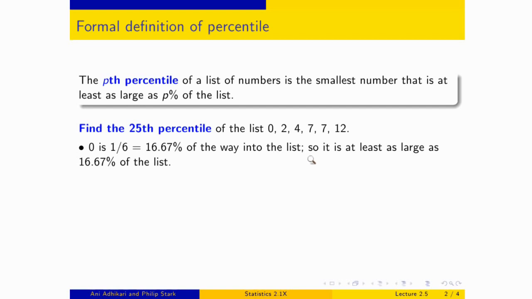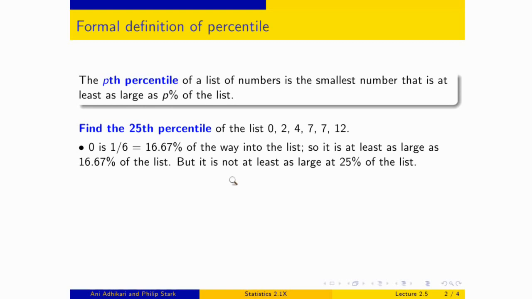And so it's definitely as large as 16.67% of the list. What is it as large as? Well, it's the smallest number on the list, so it's as large as itself. That's all it's as large as. And it's as large as 1 out of the 6 numbers. Which means that it is not at least as large as 25% of the numbers.